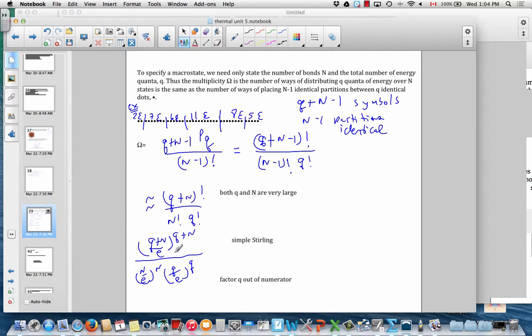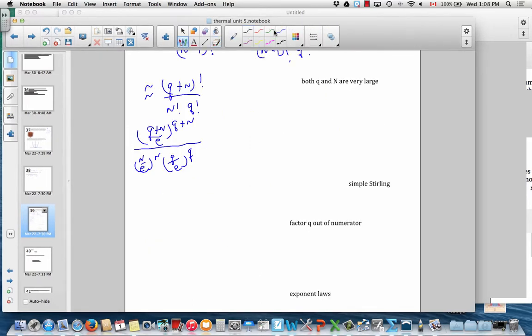Now the first thing that happens is that there's an e to the Q plus n in the numerator, and then there's an e to the n plus Q in the denominator, and they cancel each other out.